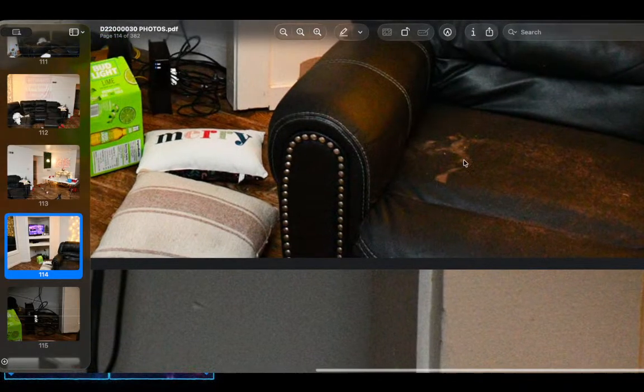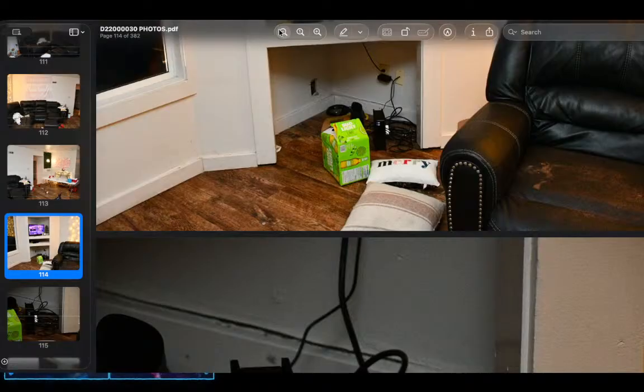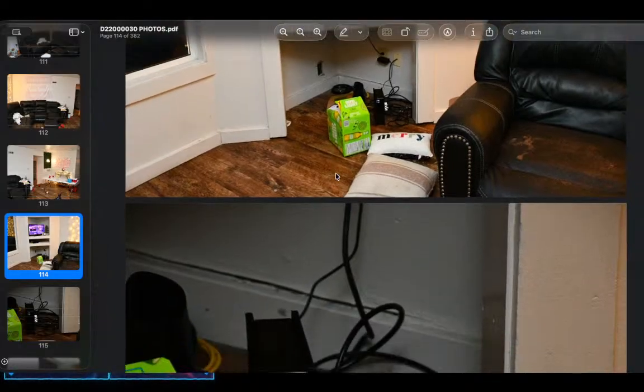Like, this actually looks like wear and tear. This doesn't. This might be. But yeah, those ones.